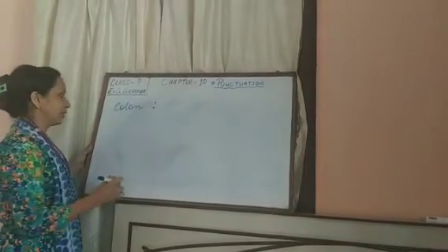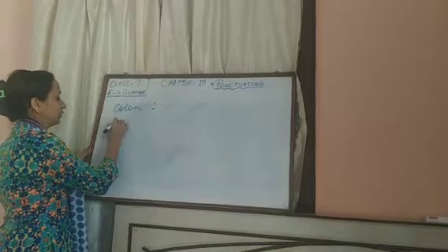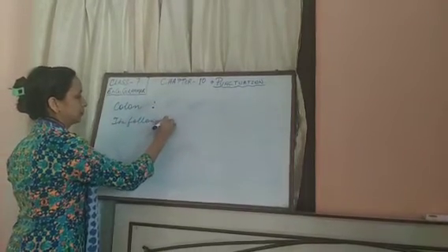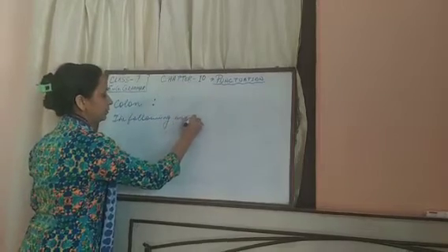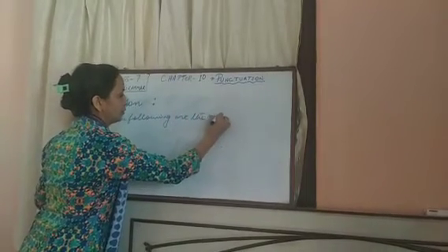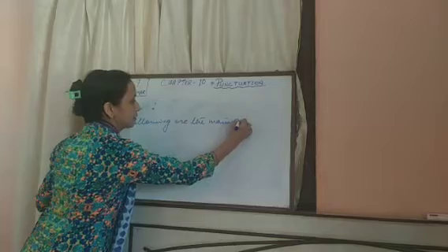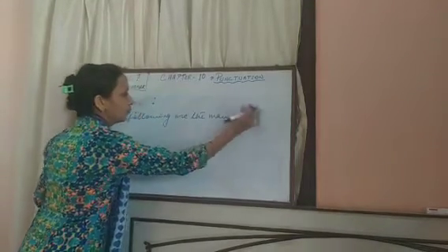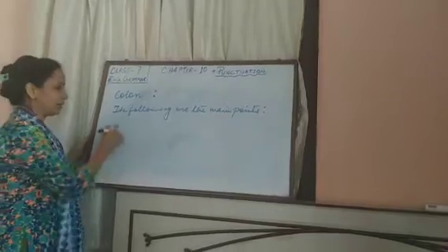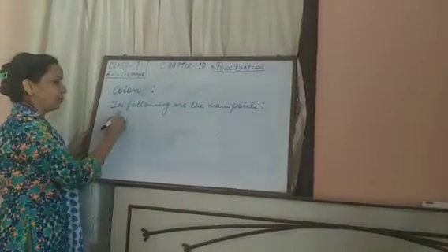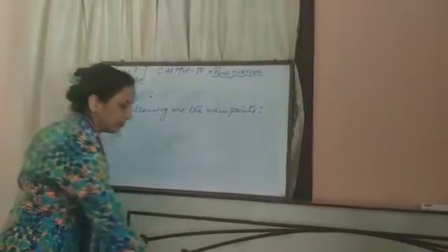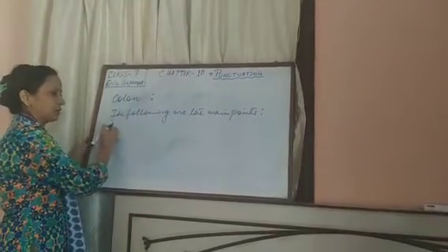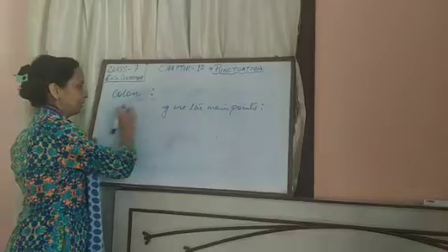A sentence like, the following are the main points. When you mention this, it ends with a colon and then you mention the points of the answers. So the list of things is mentioned after using colons. That is one use of colon.